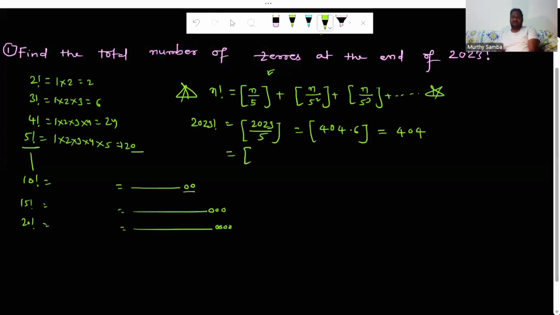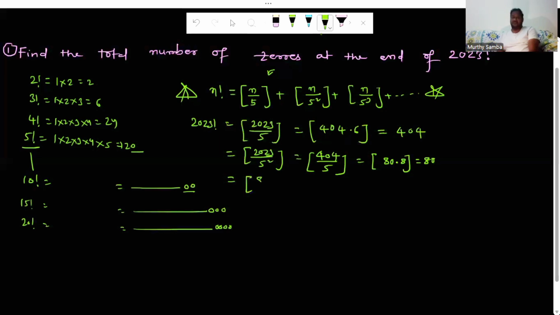The next one is the integral part of 2023 divided by 5 square. Instead of finding 5 square, you already know the integral part of 2023 by 5 is 404. So just divide 404 by 5: the integral part of 404 by 5. 5 8s are 40, so it is 80 point something, which is 80. Next, the integral part of 2023 by 5 cube.